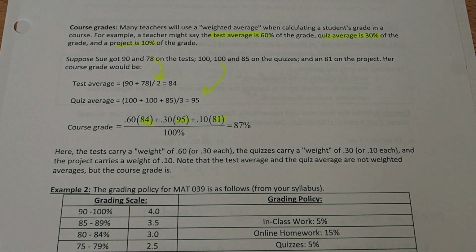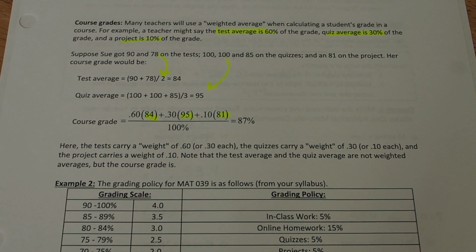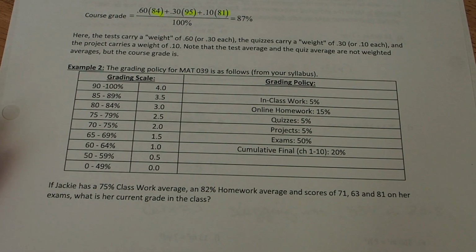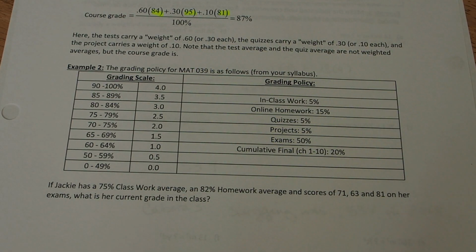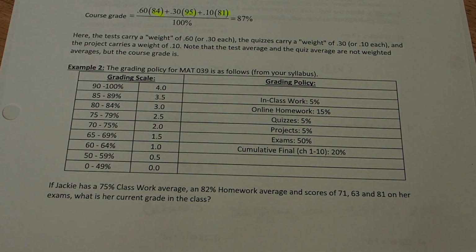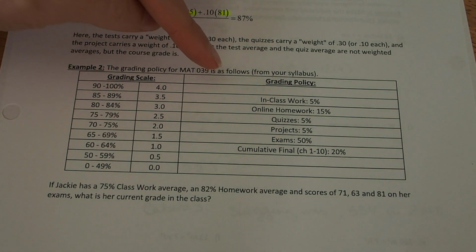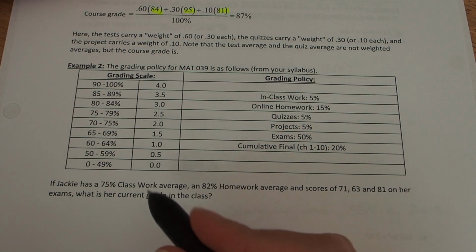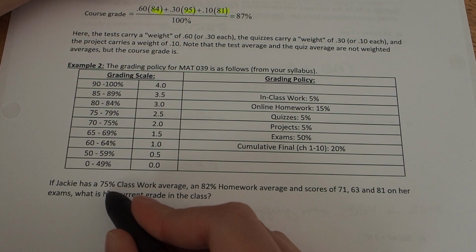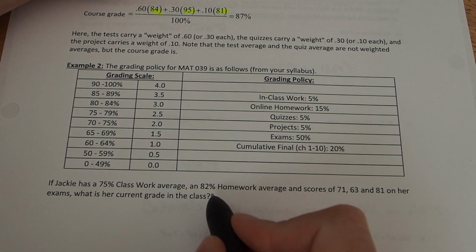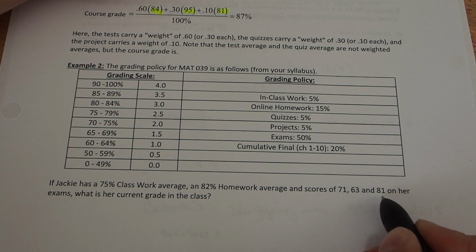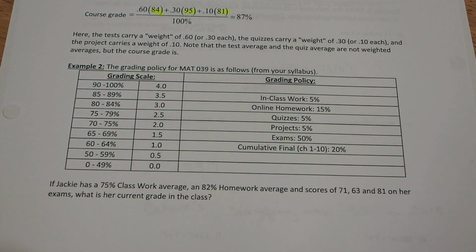All right, we're going to look at example 2, so we get to work through one of these. This one's already worked through for us. Let's see how it works in practice. This is one sample of what a grading policy might look like. In this course, Jackie has a 75% classwork average, 82% homework average, and scores of 71, 63, and 81 on her exams. What is her current grade?